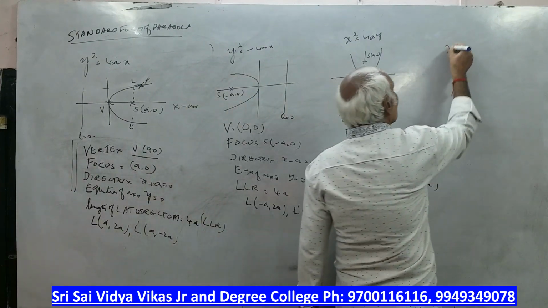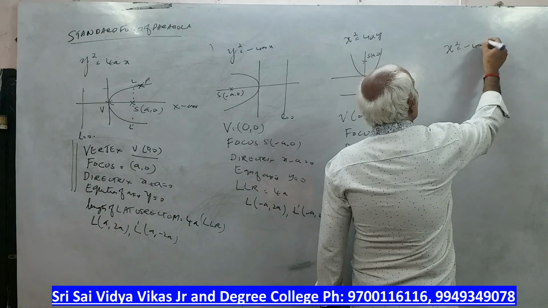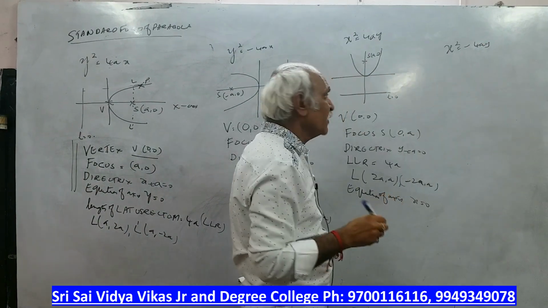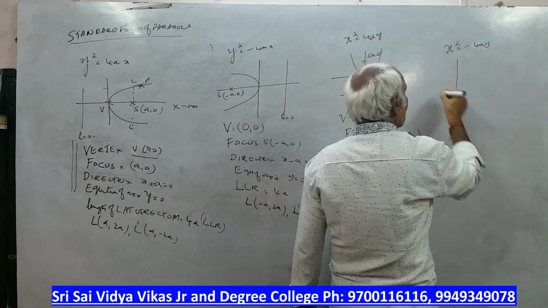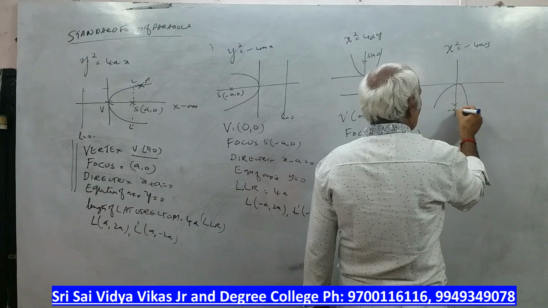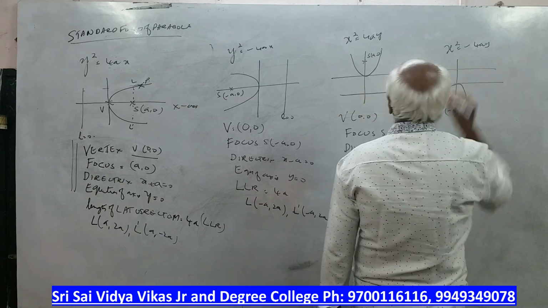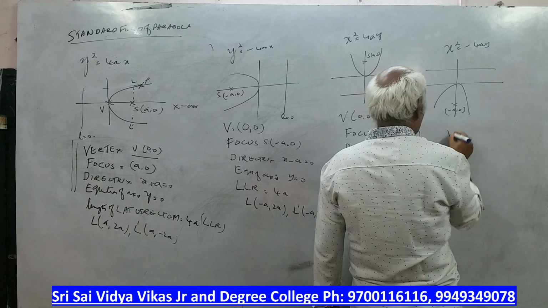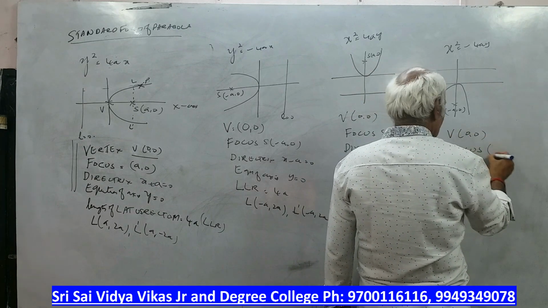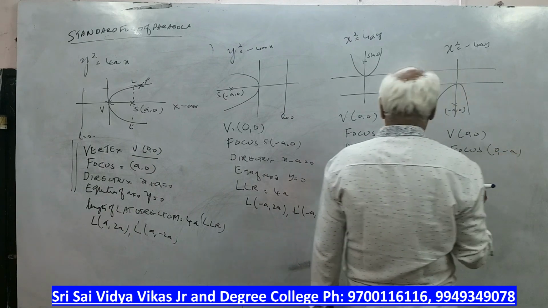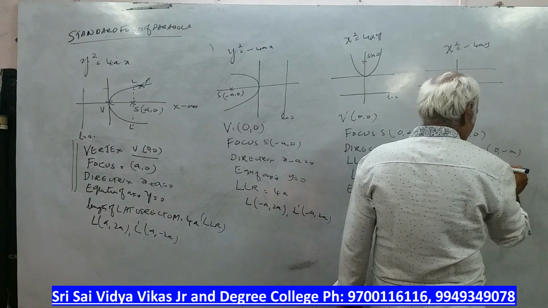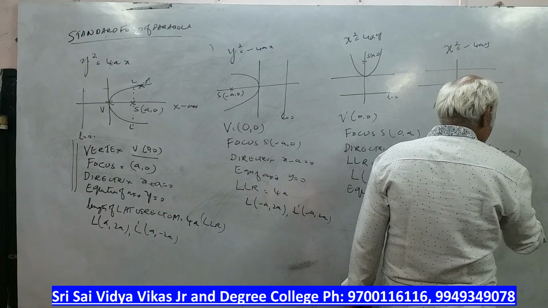Next one, x square is equal to minus 4ay. Then what will happen? It will come like this. Vertex (0, 0), focus (0, minus a), directrix y minus a is equal to 0.